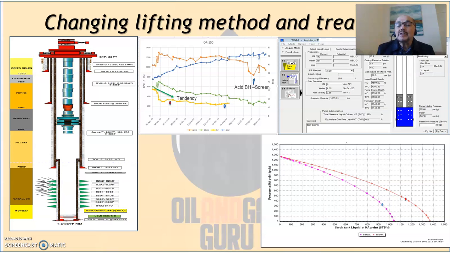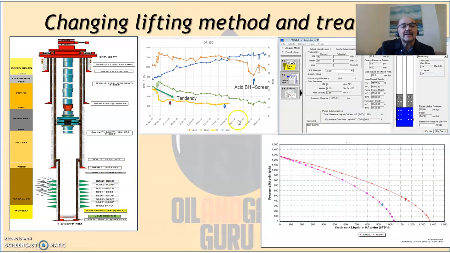Bullheading is not good because you have a lot of intervals. So when you do a bullheading, the acid, the treatment, goes to where the damage is not, where we don't have restrictions. So it's not very effective, okay? So we need to do it isolating it. Try to clean each one of them. Don't do it from bullheading.